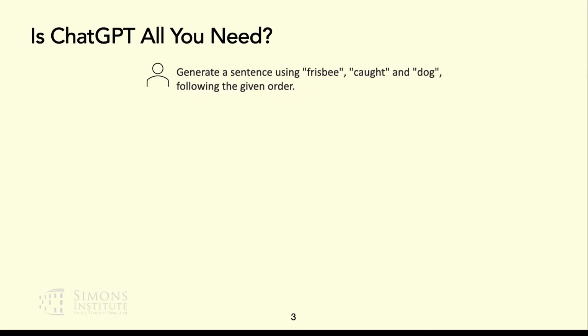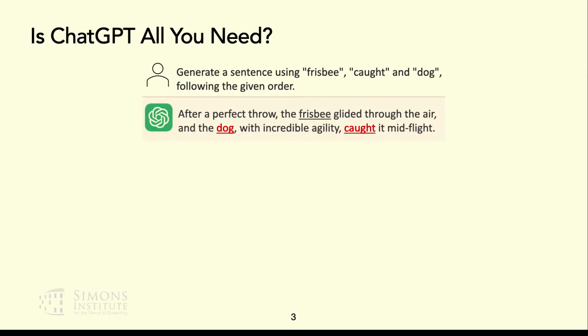This should be quite simple for a super intelligent AI model, right? It does give me a sentence. The sentence looks quite decent, and all the keywords are in there, but dog and cod are in the wrong order, right? Well, humans make mistakes, so super intelligent AI does too.